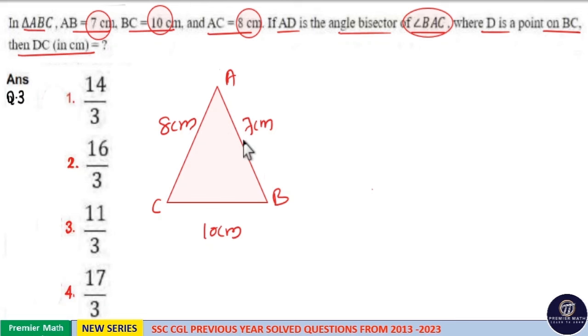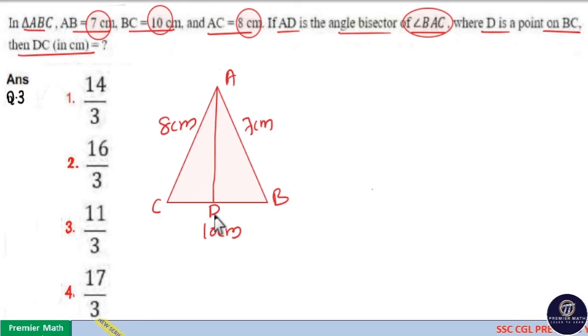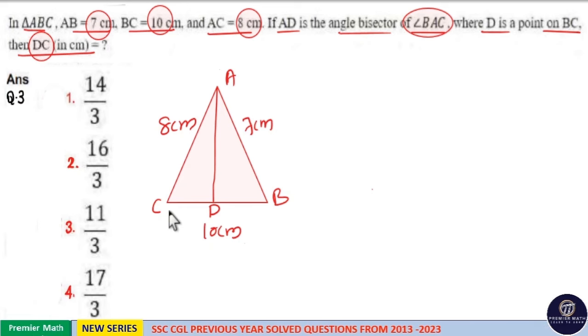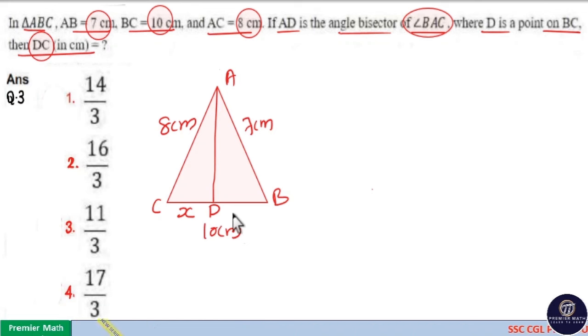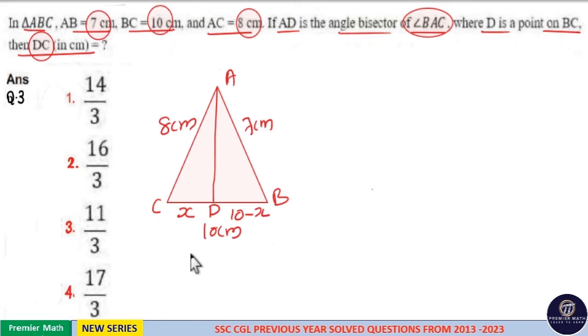Now, angle BAC means here angle A bisects and forms line AD on BC. Here we have to find out the length of DC. So consider DC as x centimeter. Now BC is 10 centimeter means BD is equal to 10 minus x.